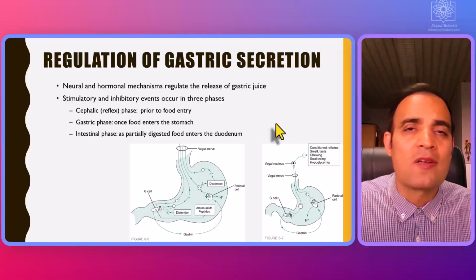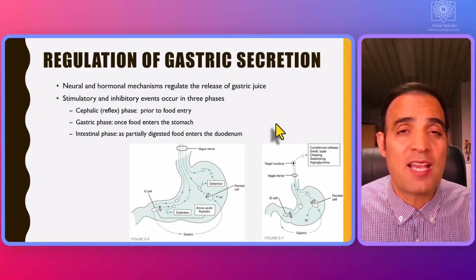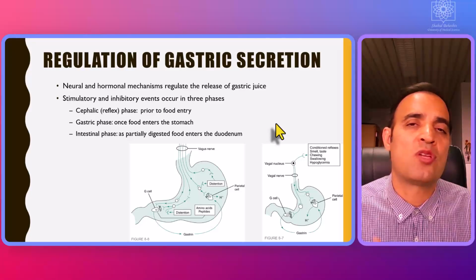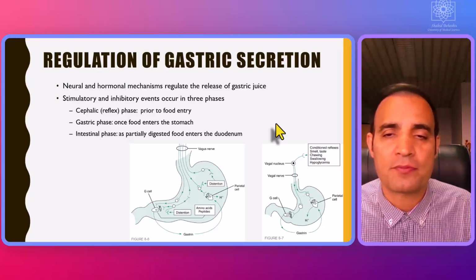These are short reflex mechanisms that we have inside the stomach, and this will stimulate gastric secretion.